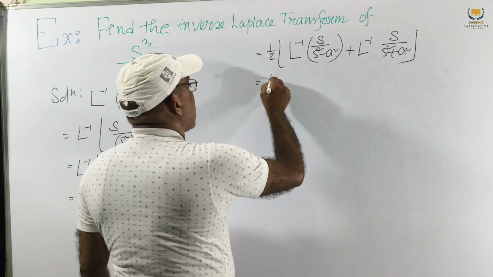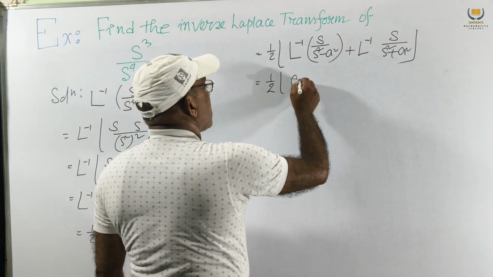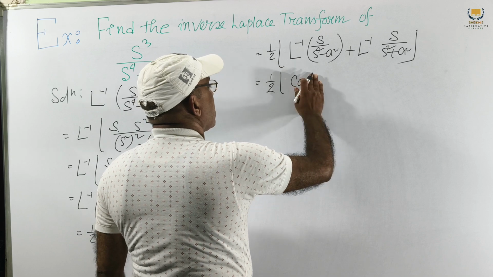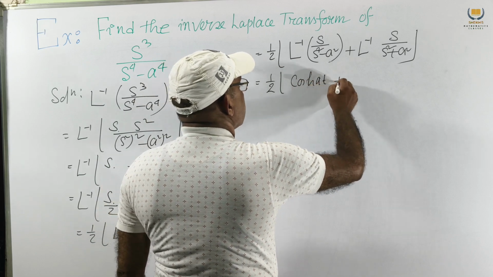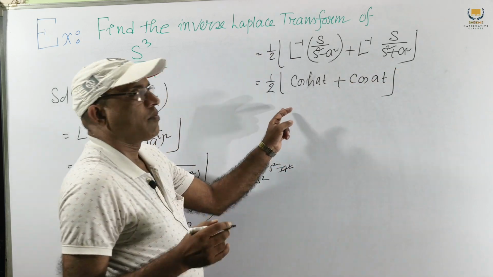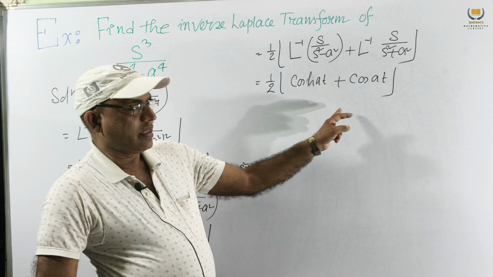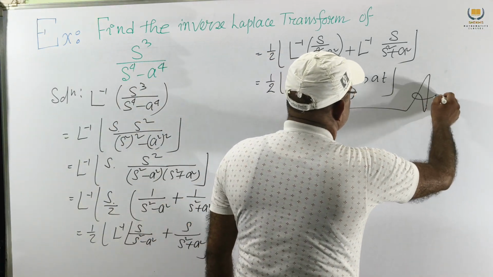So this is the direct formula: s by s square minus a square is cos hyperbolic at, and this is cos at. So 1 by 2 cos hyperbolic at plus cos at is the final answer.